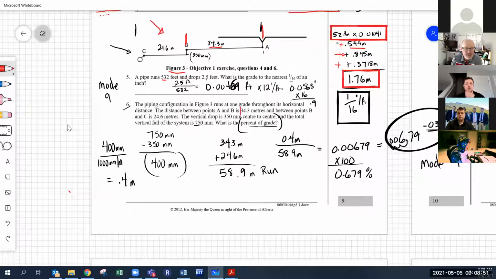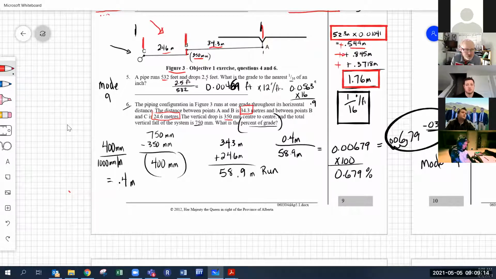They said they had the second run, 24.6 meters right here. And they had a vertical drop, this point right here, of 350 mils.